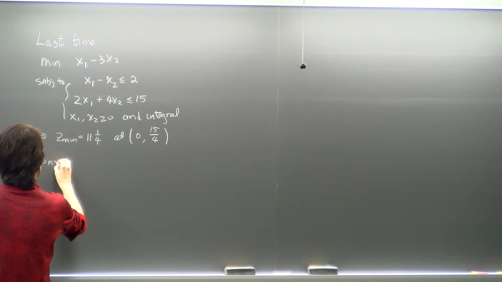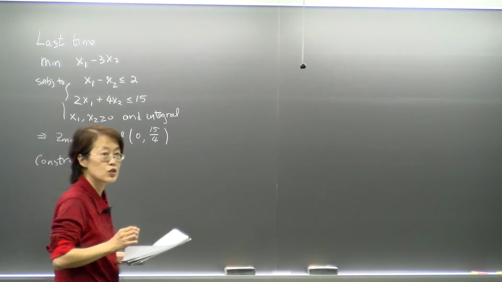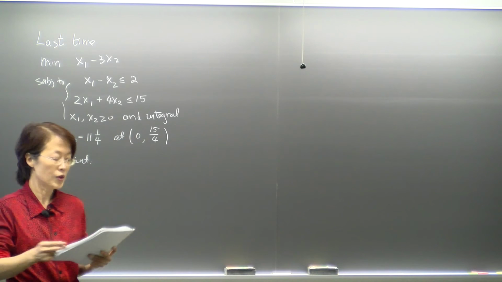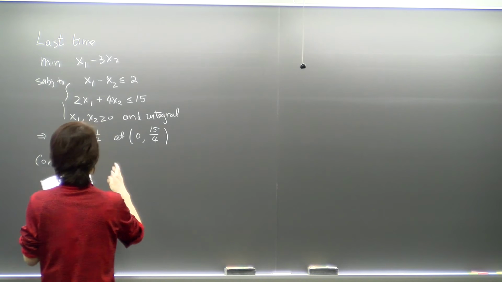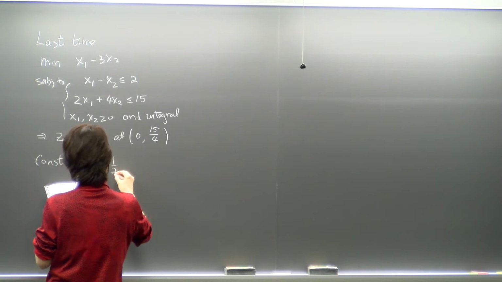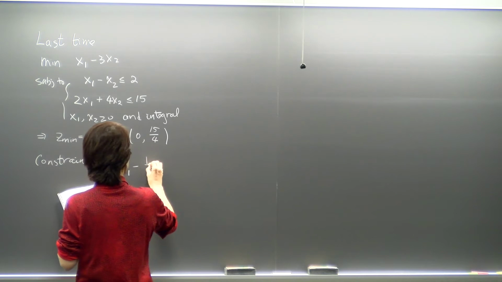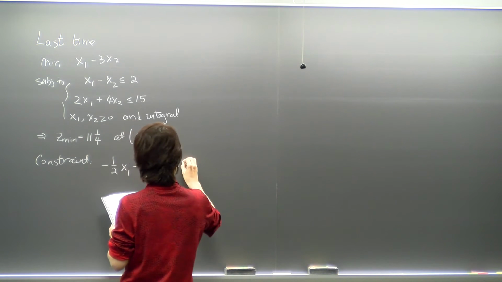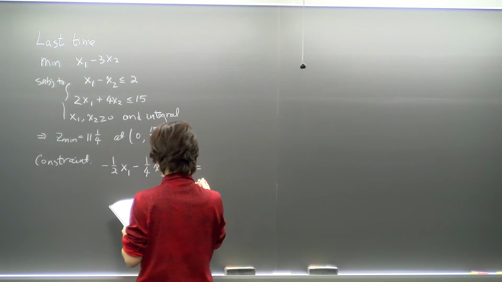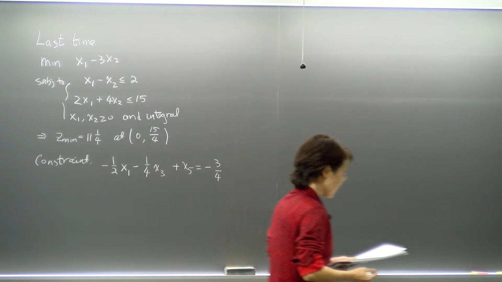So let's put that up so everybody remembers how that additional constraint was formed. Okay, we'll look more into that today. So that one gives me negative 1/2 x1 minus 1/4 x3 plus x5 equals negative 3/4.